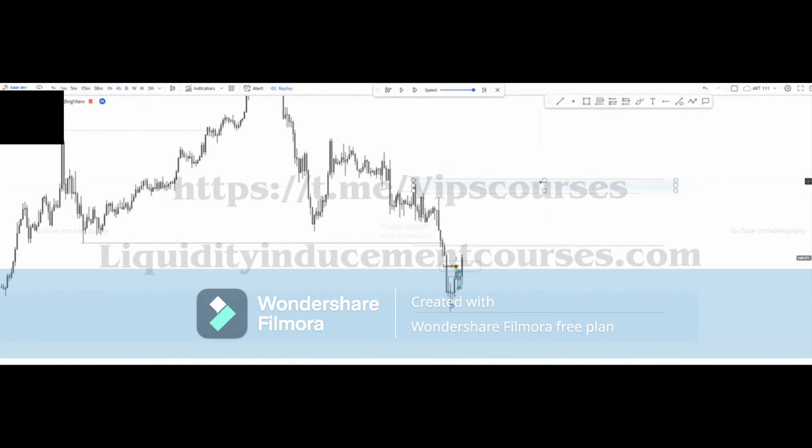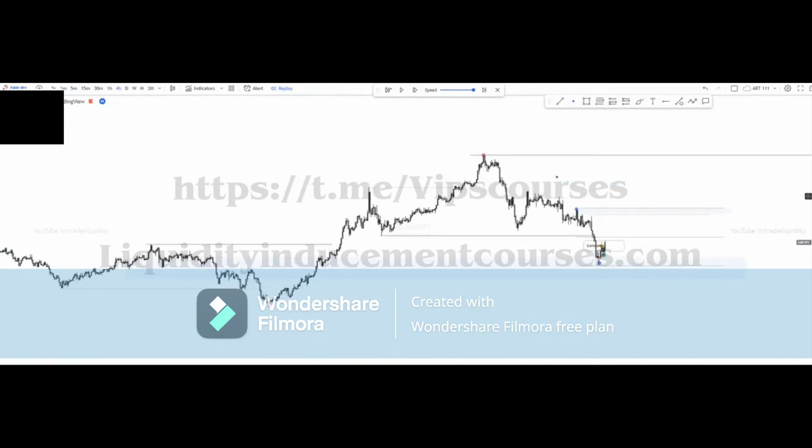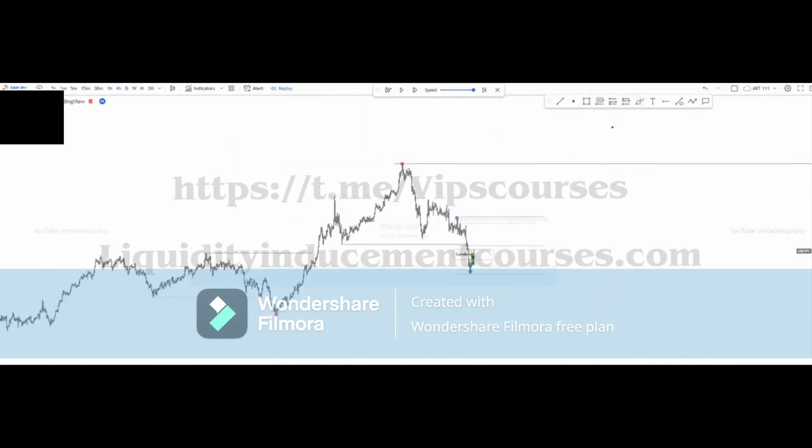Now this is an obstacle, because my overall range is this. Came down to discount, anticipating this to get taken. So I'm going to expect a reaction from here, a pullback for potential entry to continue going up higher. That's what I would expect.